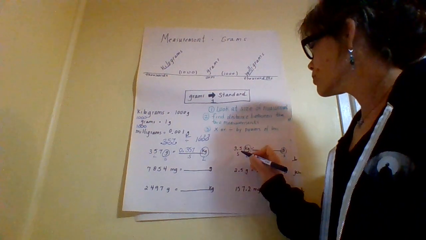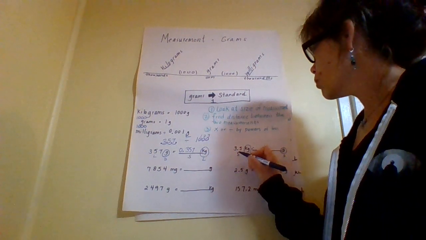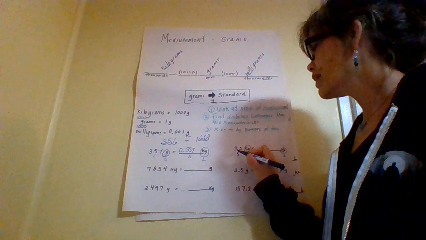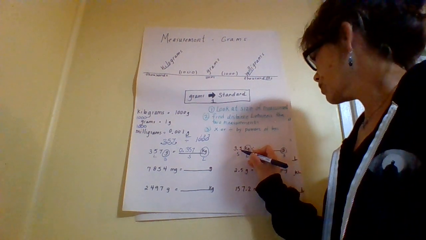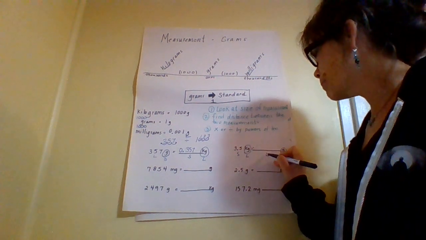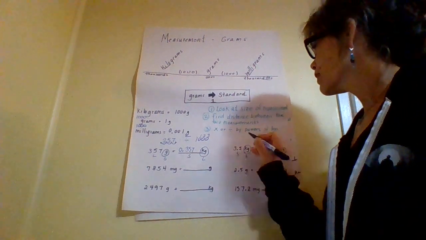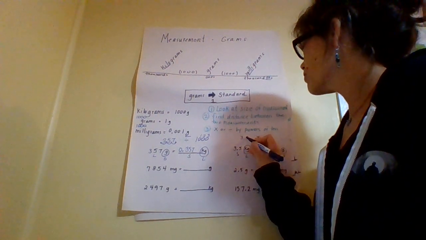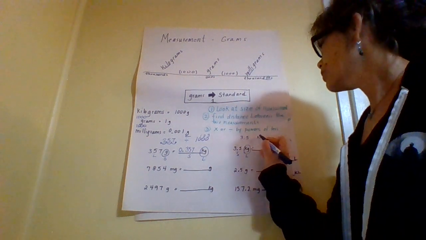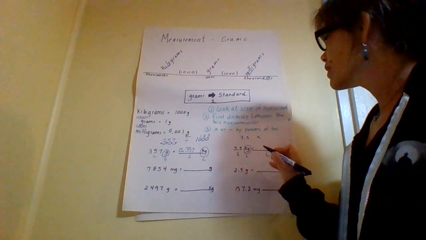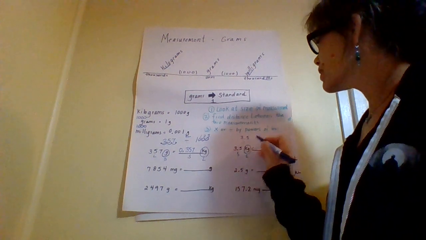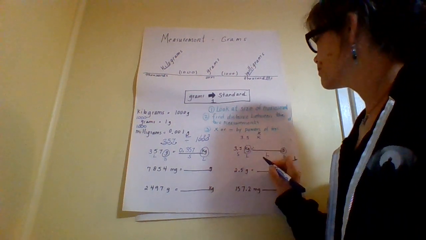Okay, so now we know we're starting with 3 5/10 of a kilogram and it's going to get bigger. So that means we're multiplying. And we can have the 3 5/10 and we can put in our multiplication sign. And that means the decimal point is moving to the right.